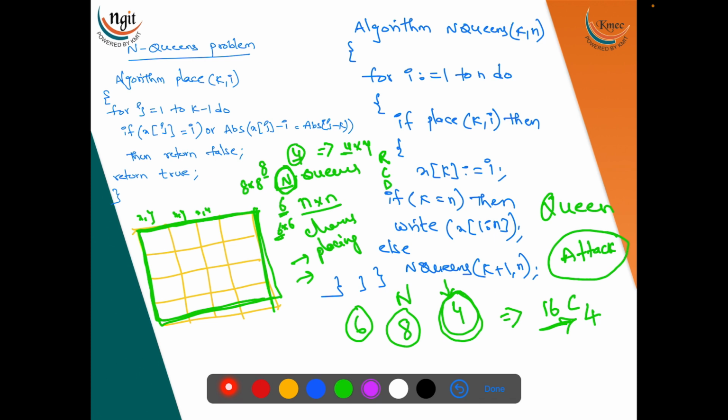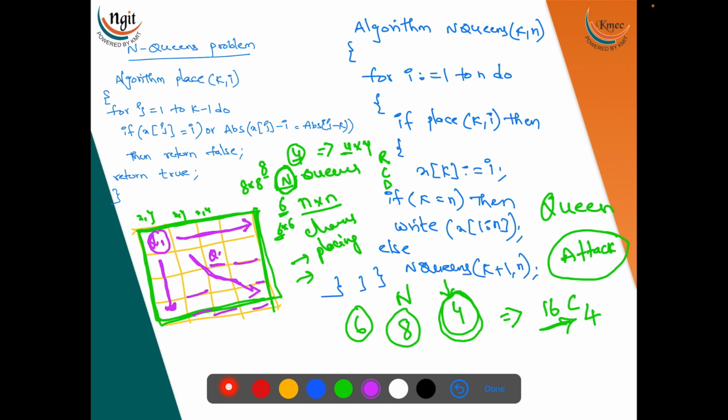No attack in the sense what? If I place q1 here, you cannot place queens in these cells, correct? All these are blocked. That is the problem. When you are given 4 queens, no 2 queens should be in the same row, same column, or same diagonal. If one queen is already here, this cell is blocked. You cannot place q2 here, or here. This diagonal path is also blocked. So this is where you can put the other queen.